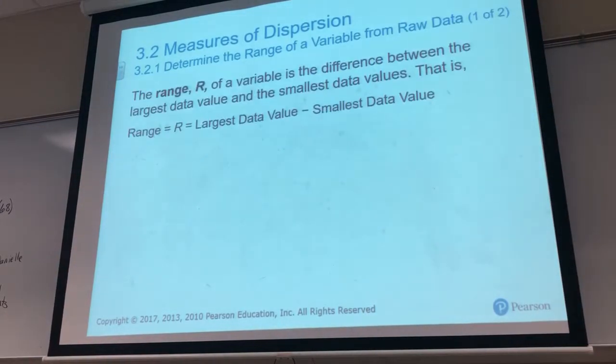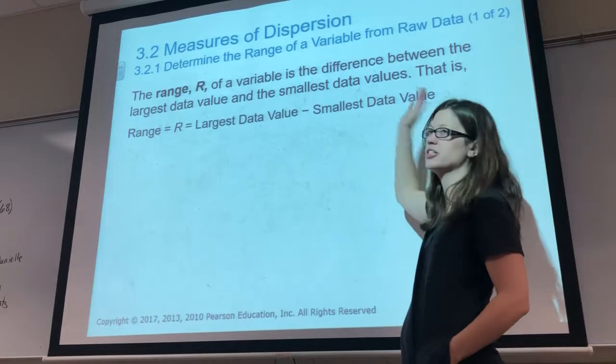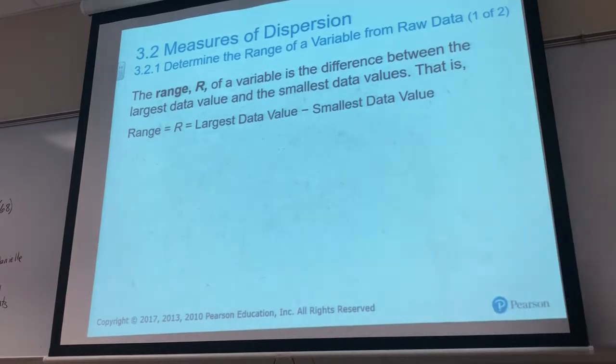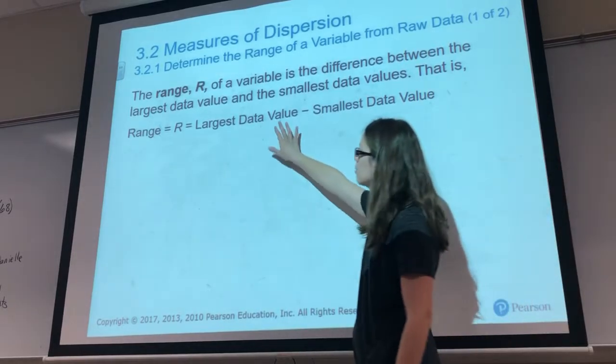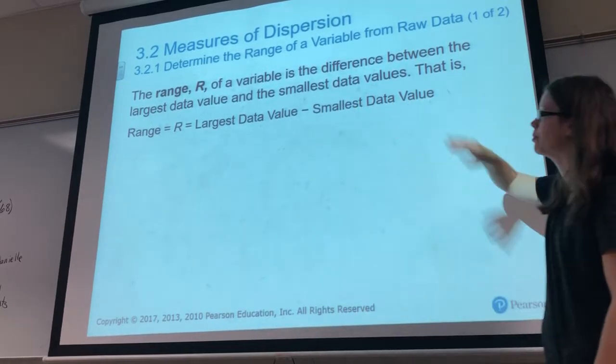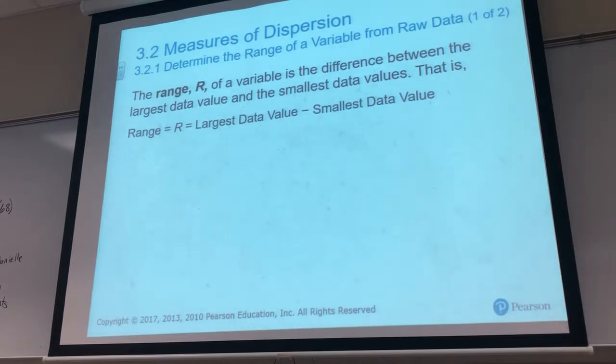The first thing we're going to do is the range, which is called capital R. This formula won't be given to you, and your TI-84 won't calculate it because it's pretty straightforward. What you're going to do is take the largest number that you see, subtract the smallest number that you see, and that's the range. Have that formula written down.